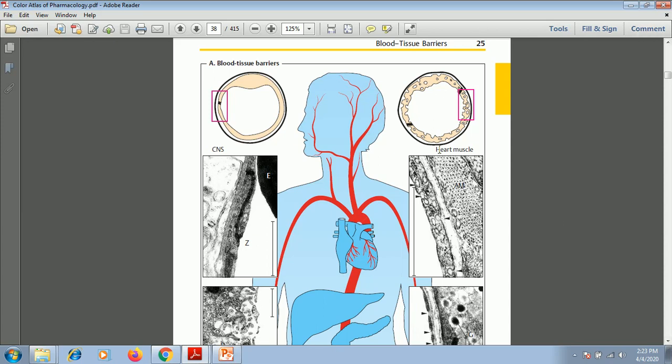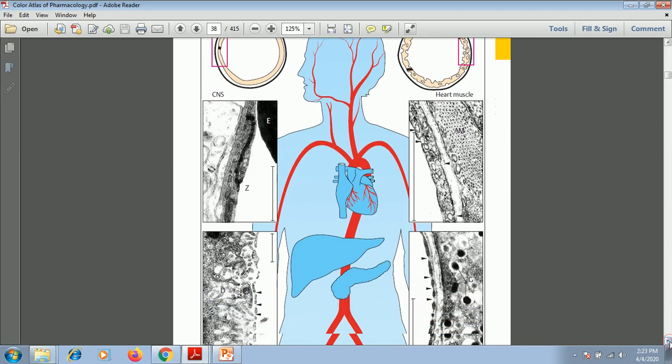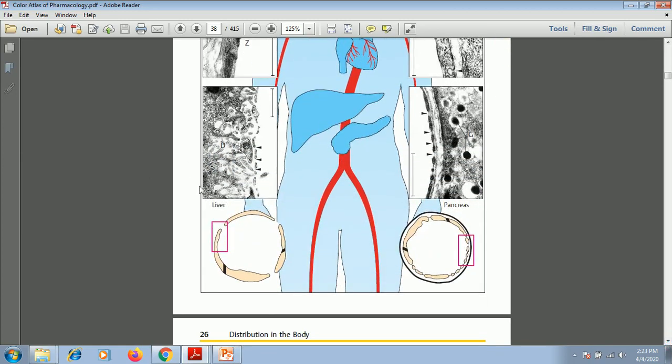Only highly lipophilic drugs will cross the blood-brain barrier. This is the heart muscle. Here you can see this is invaginated, and then here this is the liver. The liver, you can see, is highly fenestrated, while the pancreas can have certain drugs which have a selected permeability.